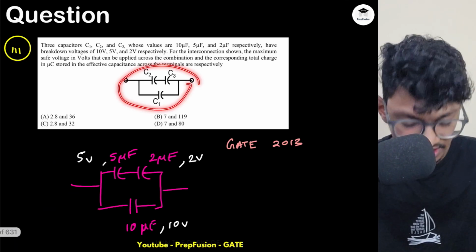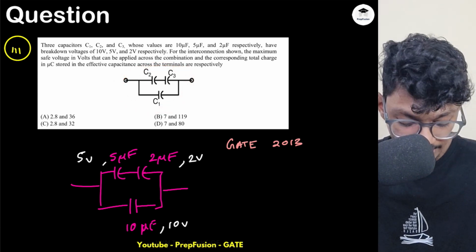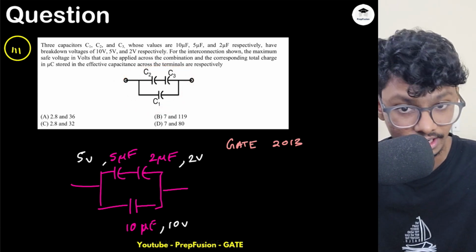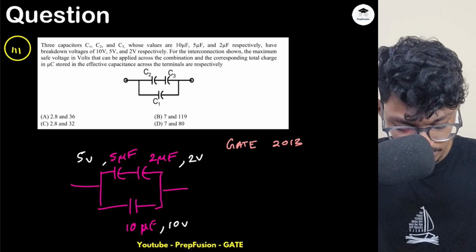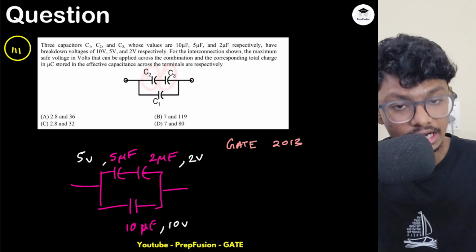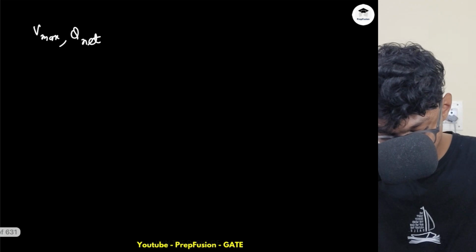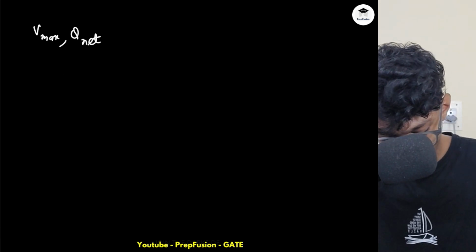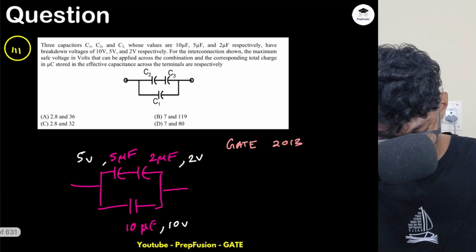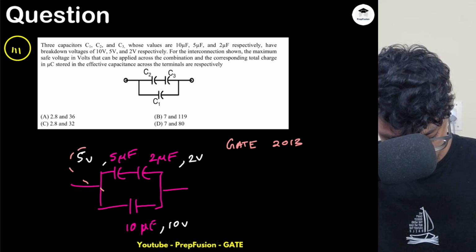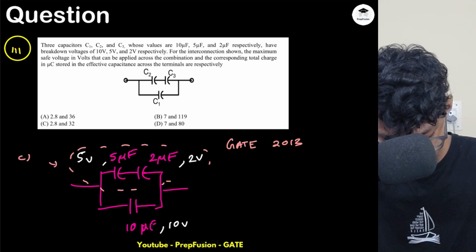So how do I identify the maximum voltage? First of all you have to identify how they are connected. I can observe that these two are connected in series, and for series the charge remains the same. So I will write this on top as combination 1.